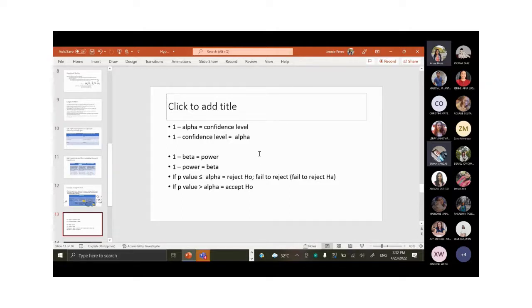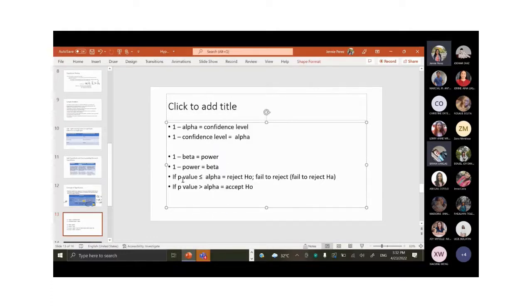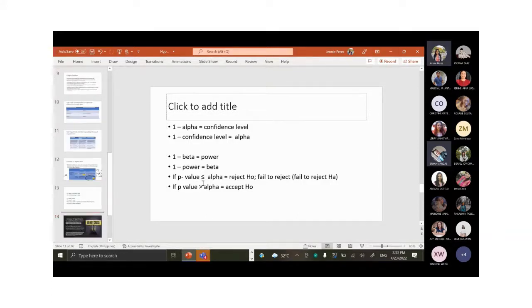Now, we look at the p-value. What do you mean by p-value? The p-value is the probability value of your test statistic. If your p-value is less than or equal to the alpha, we reject the null hypothesis. Okay? We reject the null hypothesis and fail to reject the alternative hypothesis.